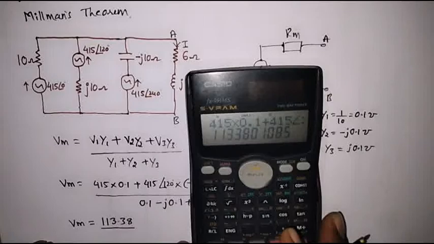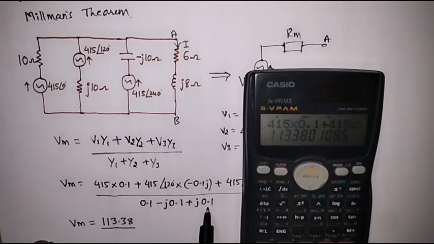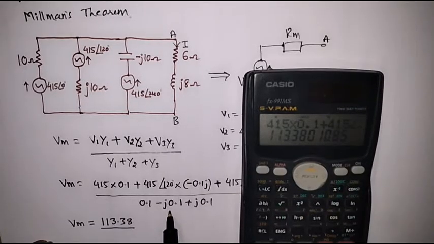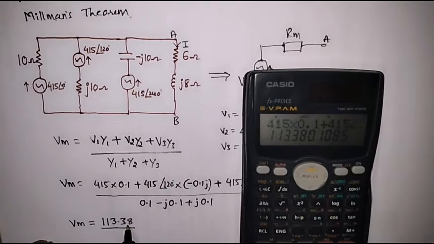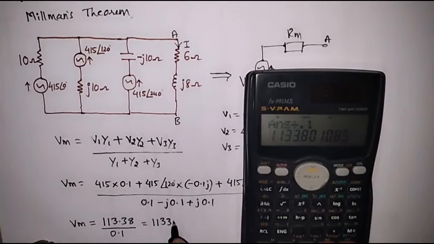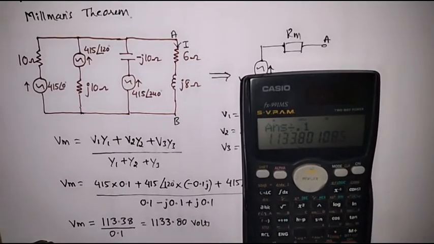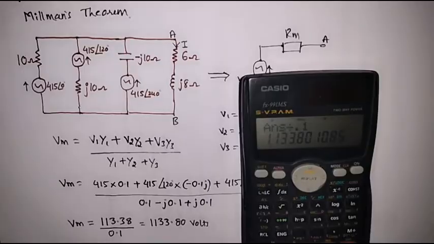Divided by, here we have 0.1 minus J 0.1 plus J 0.1, these two will get cancelled. So 113.38 divided by 0.1 is equal to 1133.80 volts. This is Millman's voltage Vm.